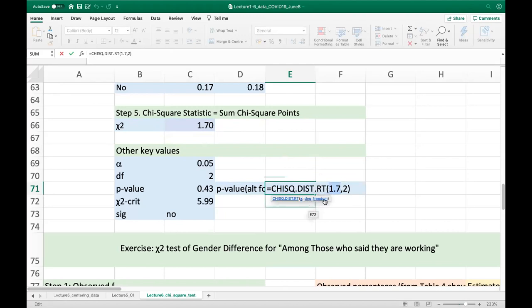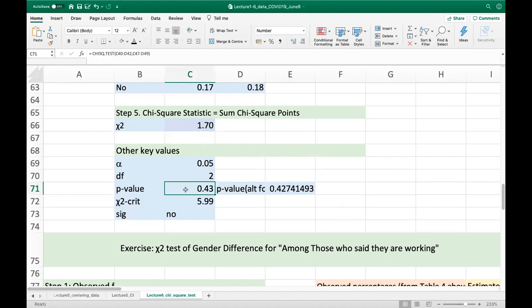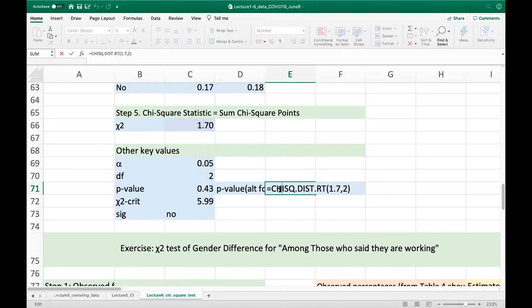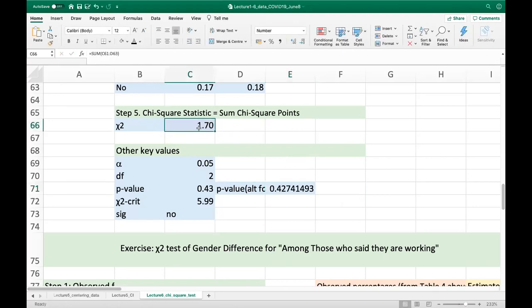The second argument is the degrees of freedom, which is 2. So our p-value is the same, 0.423, which rounds to 0.43. So two different functions gave us the same p-value, which means that the chi-square we calculated was correct.